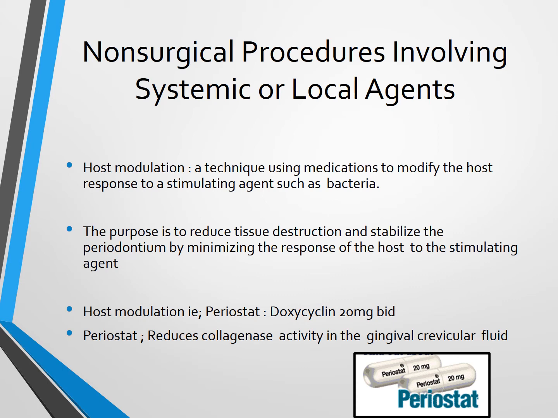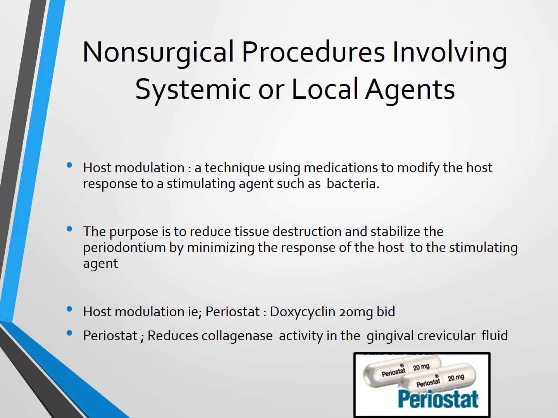An example of this would be Periostat, which is doxycycline, 20 milligrams twice a day. It is a part of the tetracycline family. Tetracycline, as we know, is an antibiotic. However, because the doxycycline is used in such a low dose, it is not considered an antibiotic because it is beneath the therapeutic value of being used as an antibiotic. What actually happens is the Periostat reduces the collagenase activity in the gingival crevicular fluid.